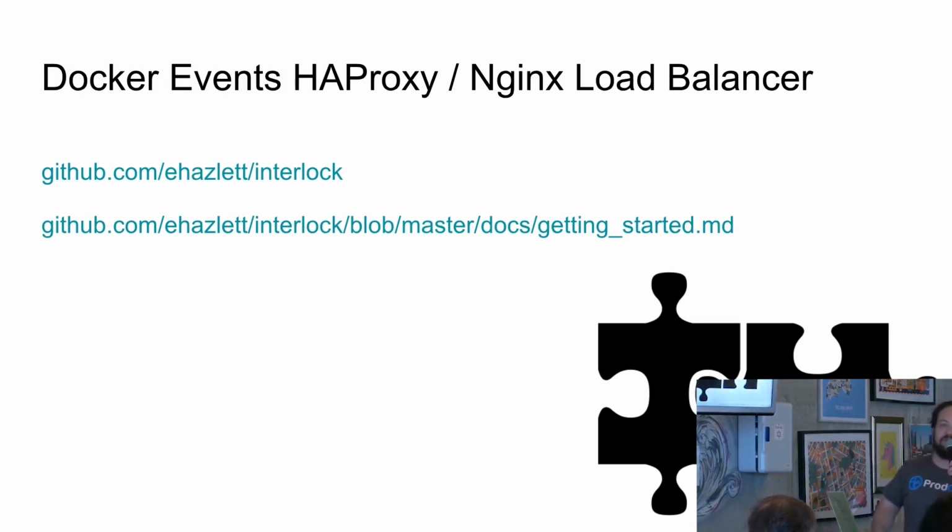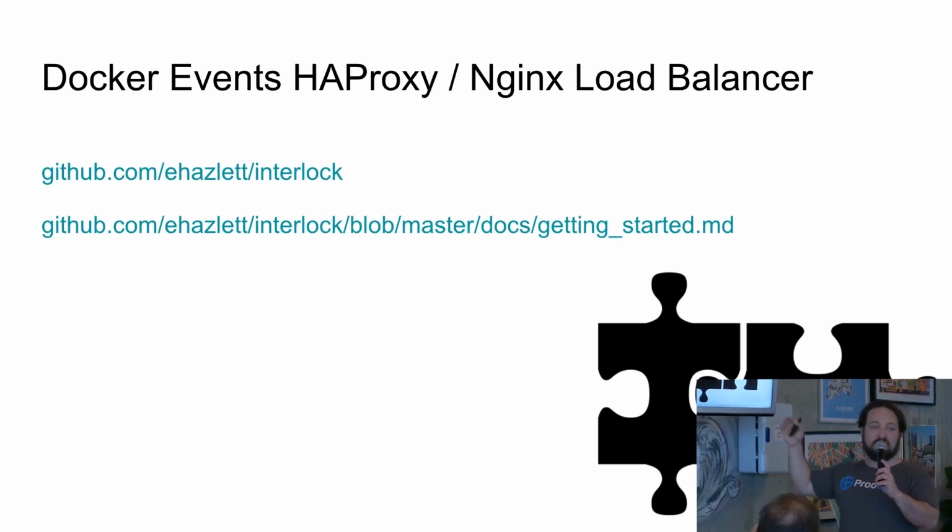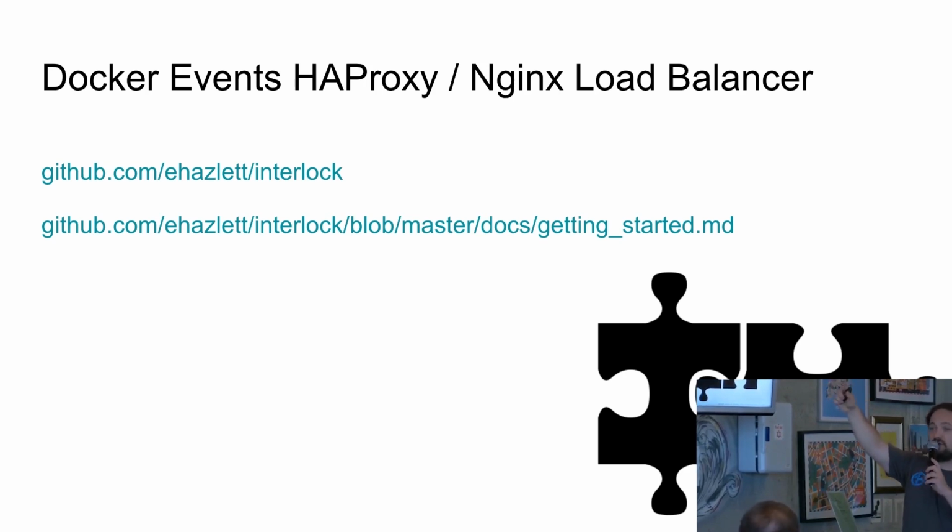One of the first and more common and more popular tools that were created that eavesdropped on this events endpoint was Interlock. I will not go into high detail about it, but what it does is discover which containers have been executed, started, etc. And based on that, it will create a configuration file for nginx or HAProxy, which are popular applications for load balancing, and refresh their configuration.